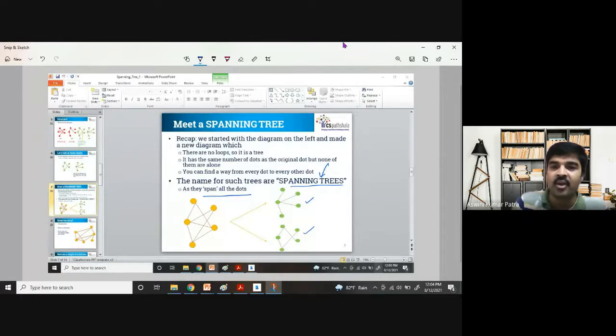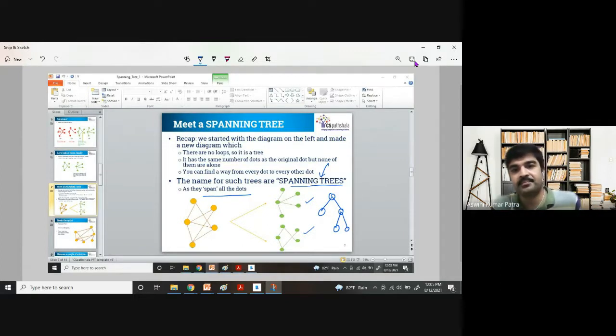Can I call this a spanning tree? Let me ask a question, because you must clarify yourself. Can I call it a spanning tree? Yes or no?